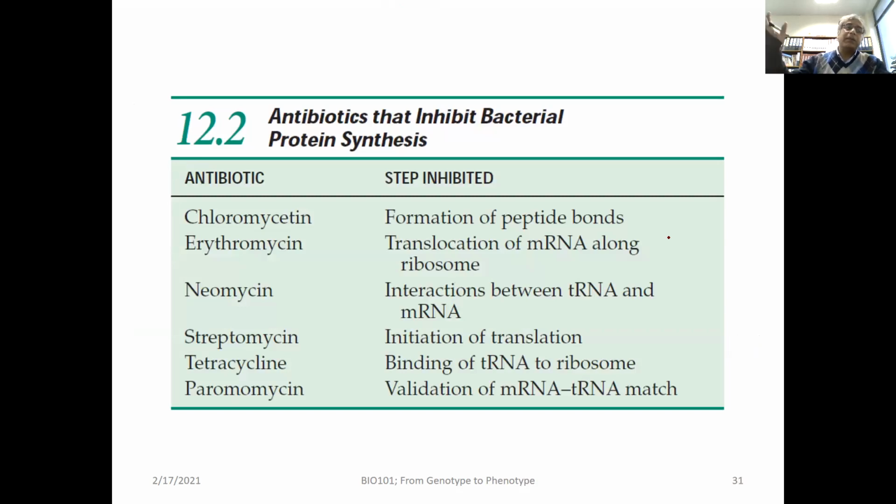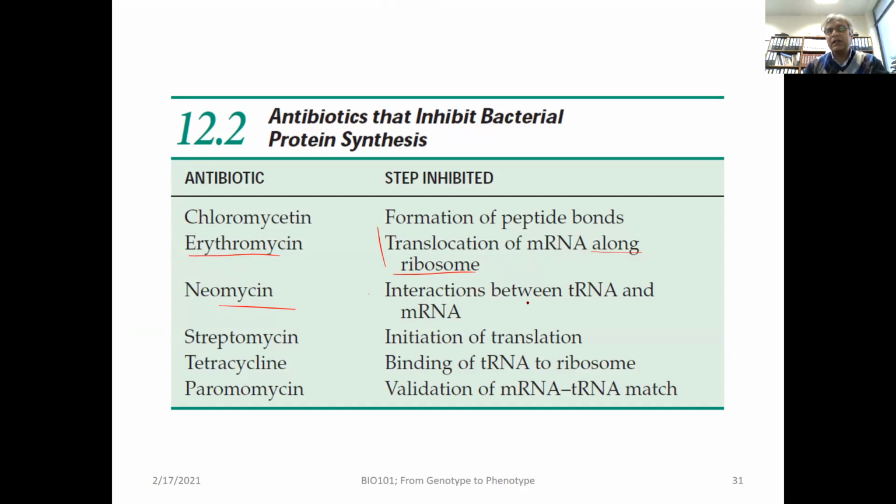There are antibiotics which block translation and help us against bacteria. There are different antibiotics, for example, erythromycin, which inhibits the translocation of messenger RNA along the ribosome, so bacterial translation is blocked.